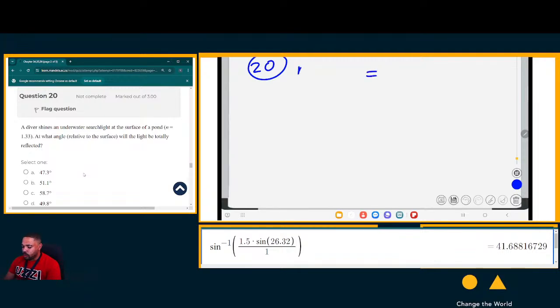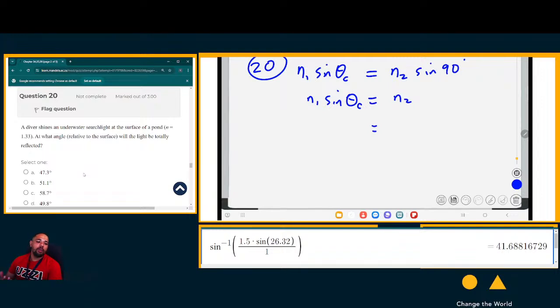This is N1 sine theta of the critical angle equal to N2 times the sine of 90, because at the critical angle the refraction is 90 degrees from the normal. Now the sine of 90 is just 1, so N2 is equal to N1 times the sine of the critical angle. And we will be working out the critical angle.